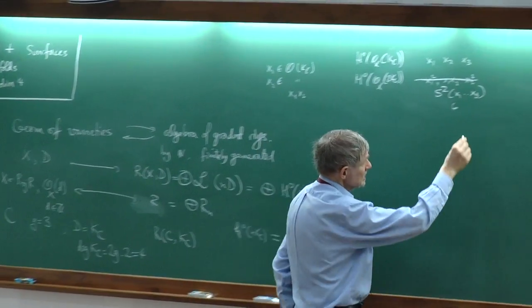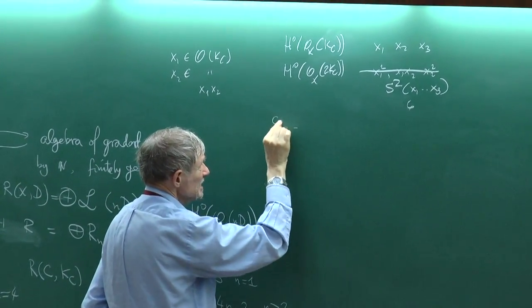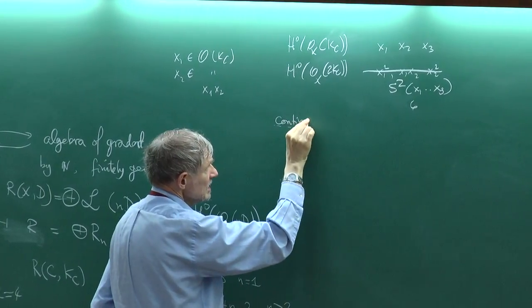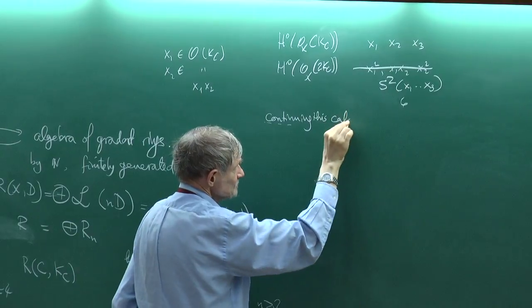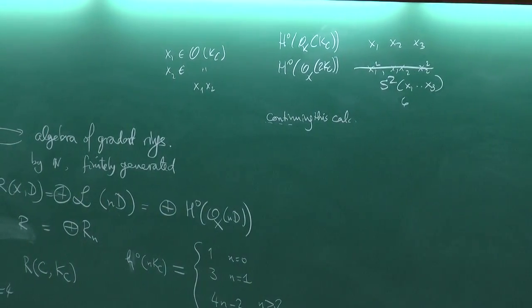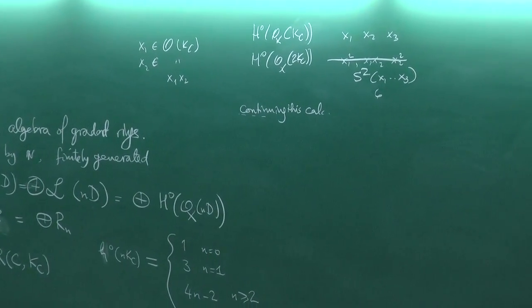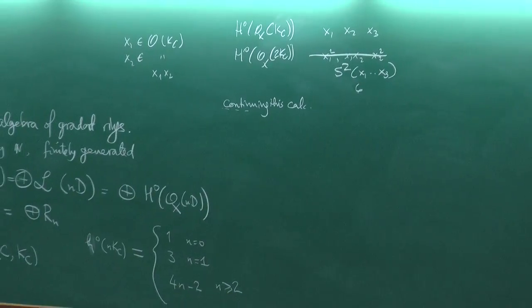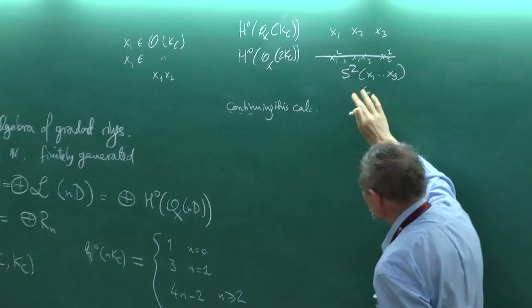And so it turns out, continuing this calculation, and you can do the calculation for yourself as an exercise, and it's a valuable exercise. So you're not allowed to use geometry. You have your hands tied behind your back. You're only allowed to use this ring calculation.